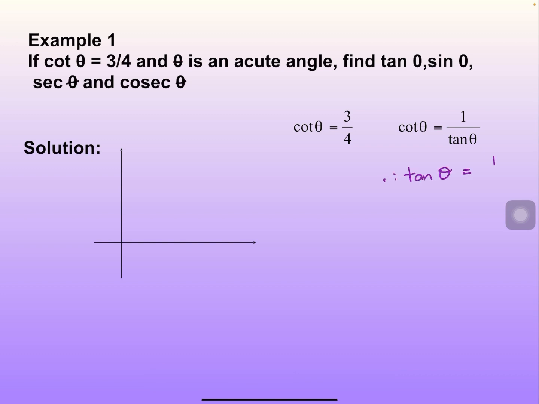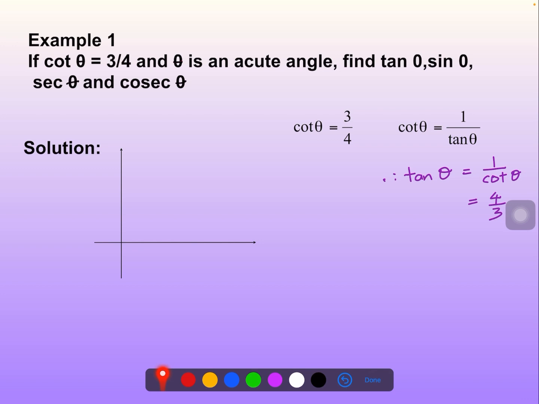Now we can have tangent theta as 1 over cot theta, so 4 over 3. So we have opposite must be 4, and adjacent is 3, so the hypotenuse must be 5.